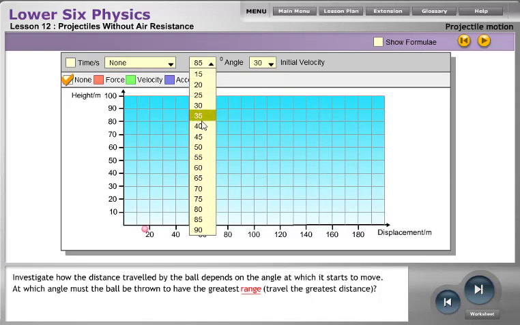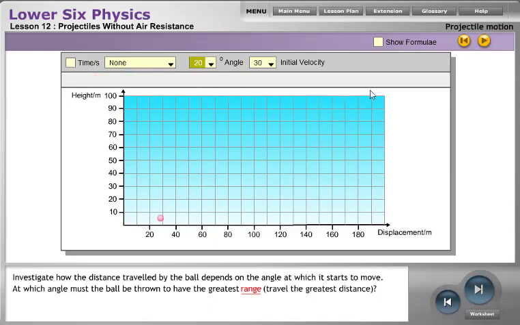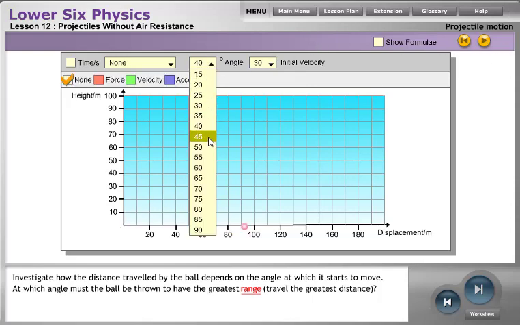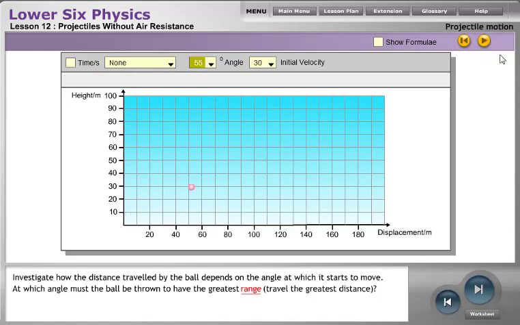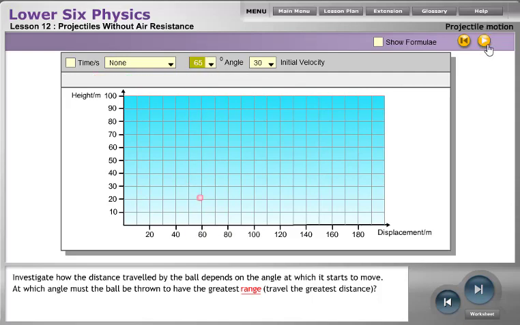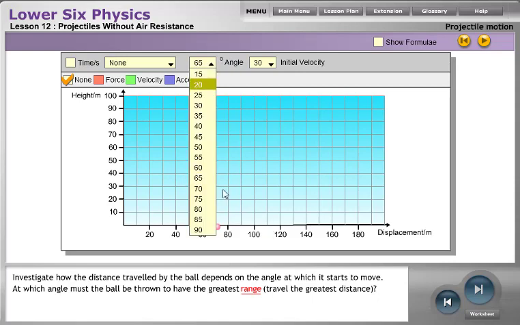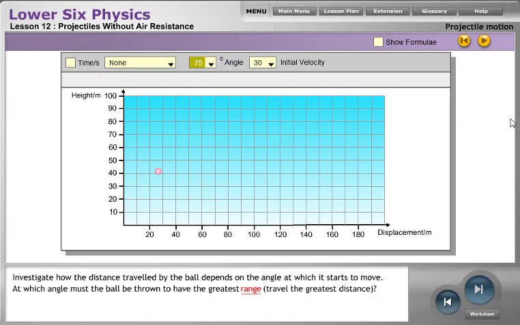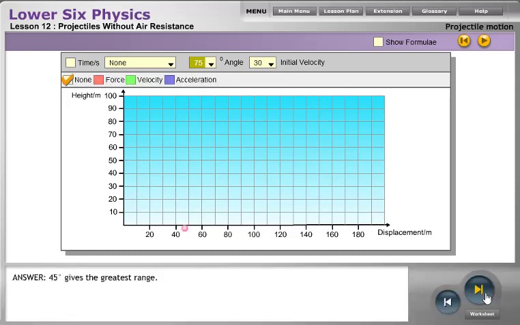Travel the greatest distance. Answer: 45 degrees gives the greatest range.